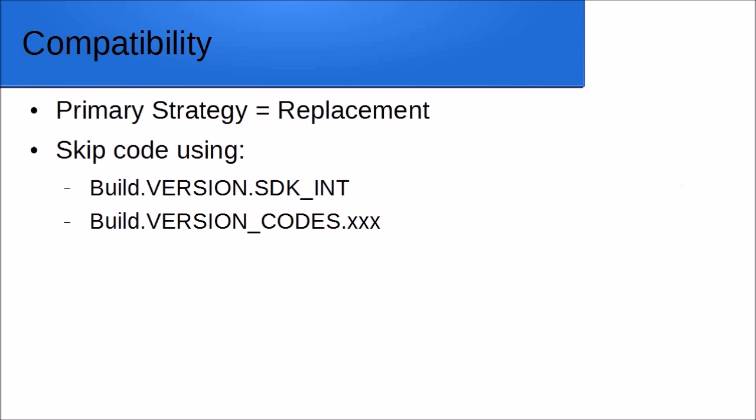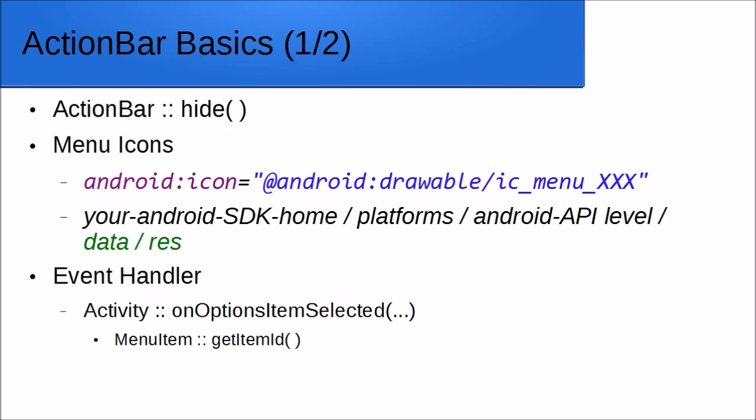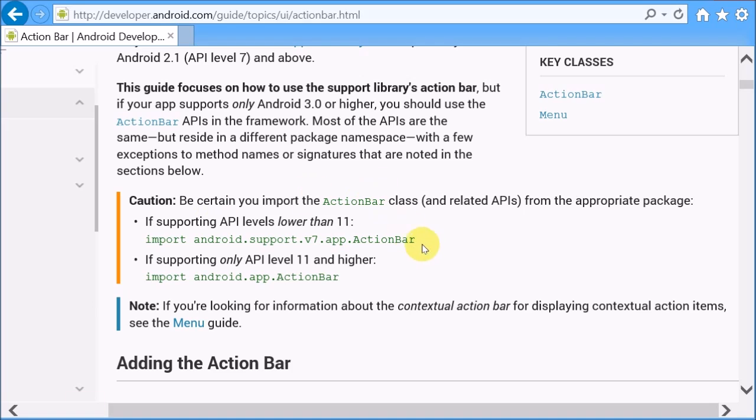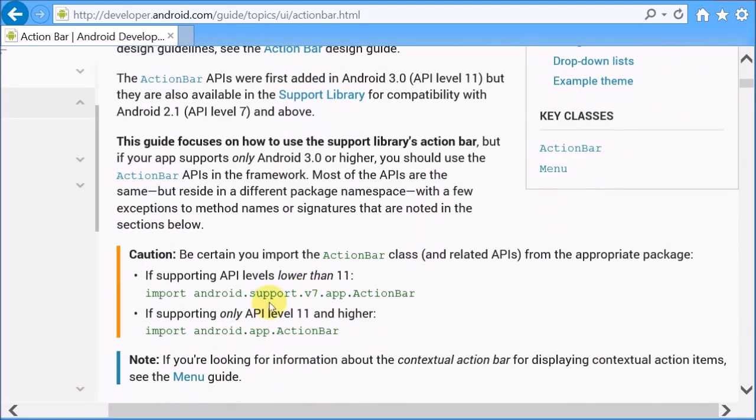So one of the earlier topics in this video, I have some examples showcasing the ActionBar. In that particular case, the API guide is actually using the support library version of the ActionBar. So in my video, I was using this one, the official ActionBar.